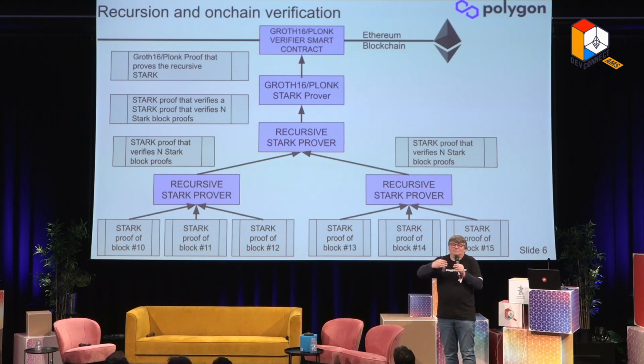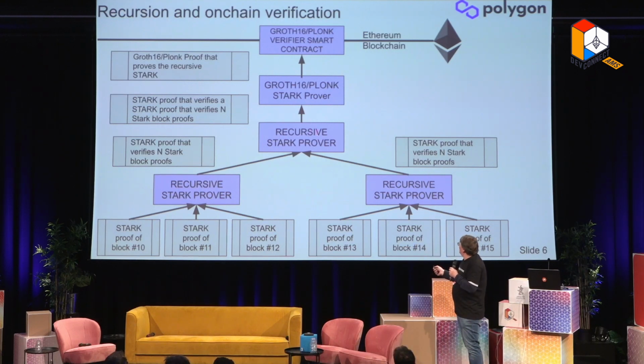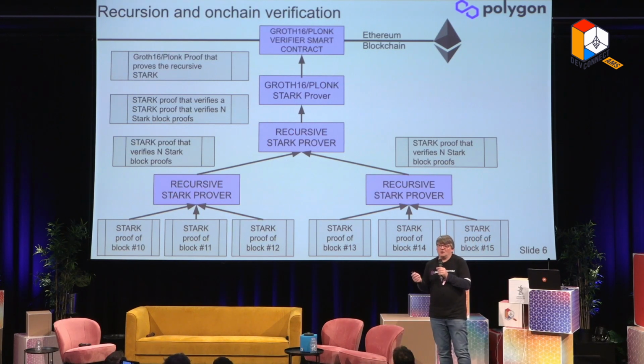This is a proof that proves many proofs. At the top, we have a single Stark that proves all these proofs, and then we prove this Stark with a Groth16 or a Plonk. Actually, this is a circuit, a Groth16 or a Plonk circuit, written in Circom. It's automatically generated from the PIL, but written in Circom, and it proves all this structure.